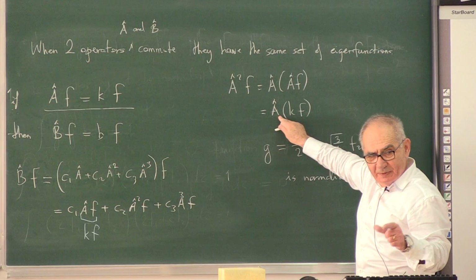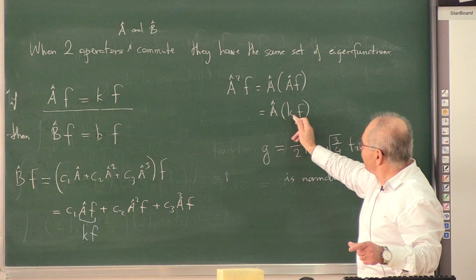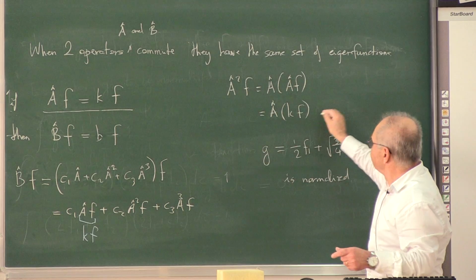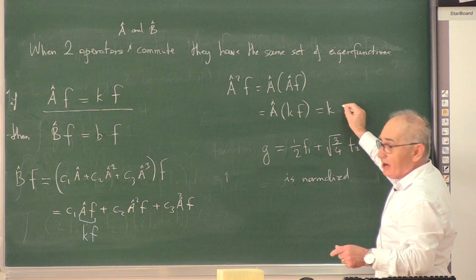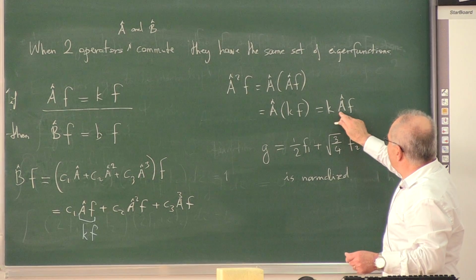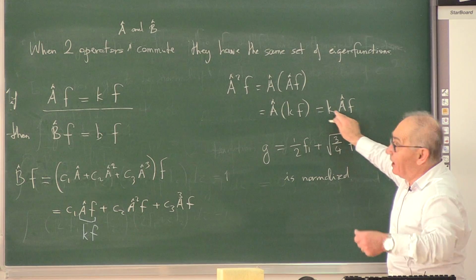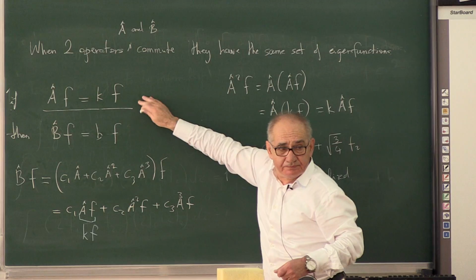Our operators, quantum mechanical operators, do not do anything to constants, which means constants can always be taken out. So this is K times AF. But we can replace AF once again with K times F, always using this expression.